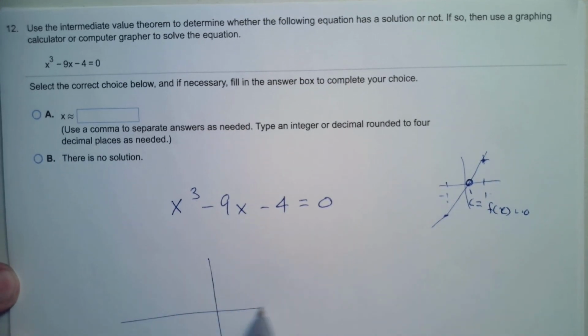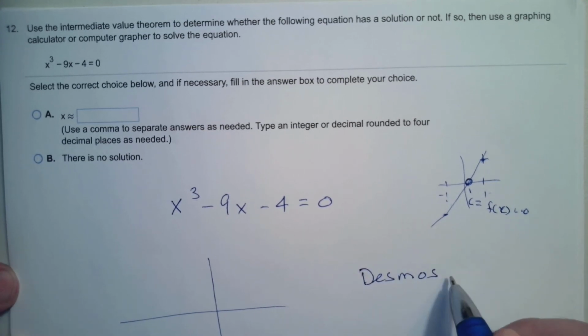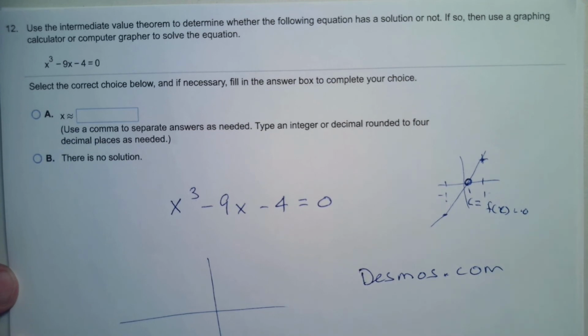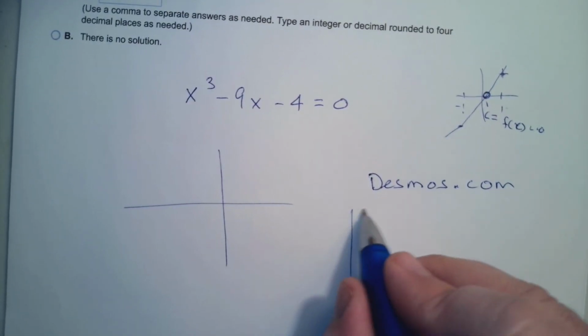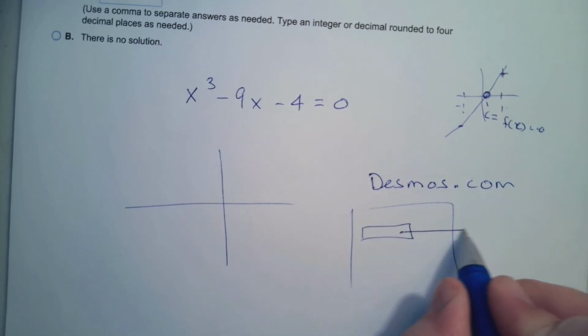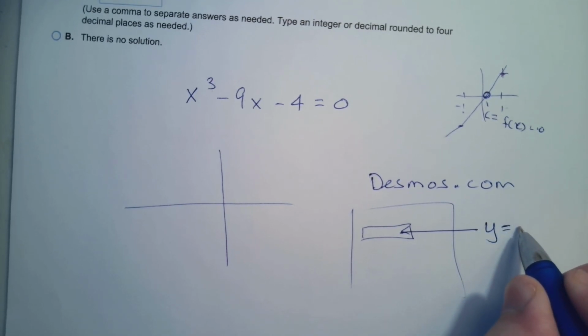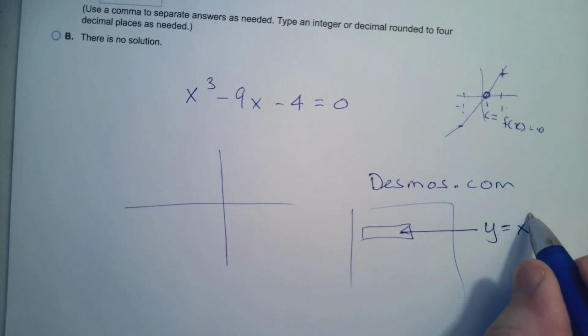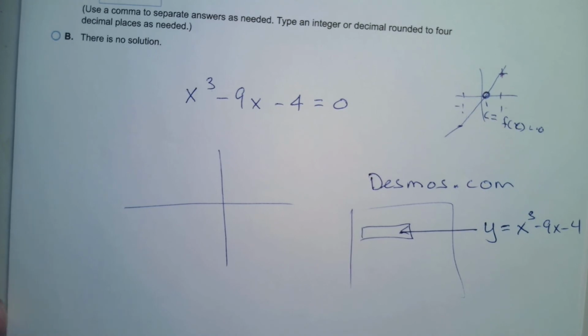If you use Desmos, go to desmos.com as a guest and in the box in the top left corner type y equals x cubed minus 9x minus 4 and press enter.